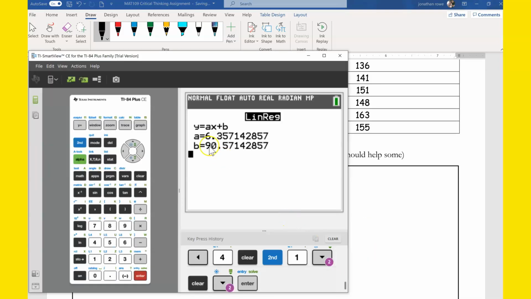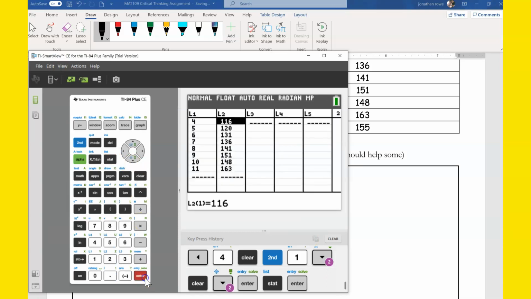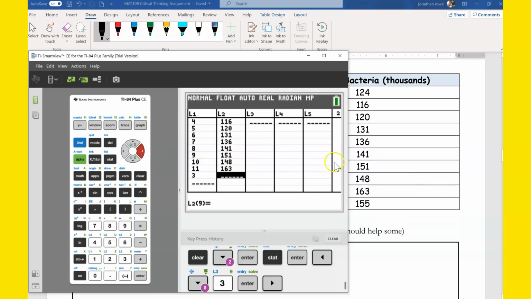So all I really have to do here, since I'm doing this on my calculator, I go to edit. And the good thing is you don't have to put these in order for it to give you the right answer. You could put the 3 down here, 3 enter, but you do have to line the 3 up with the correct y value. So 3 for the pH and 124 was the bacteria value there.